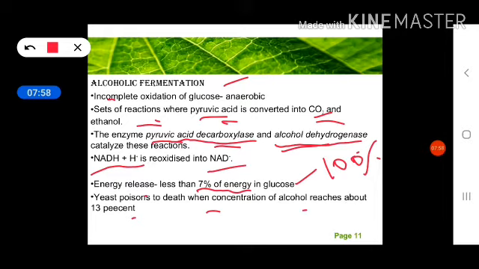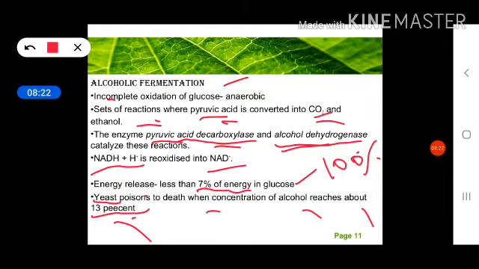For the transfer of this pyruvic acid into the mitochondria, there is some reaction also. So there are two main events of the process, the details of which we will discuss here, but initially, in short, it is explained here what is actually taking place.